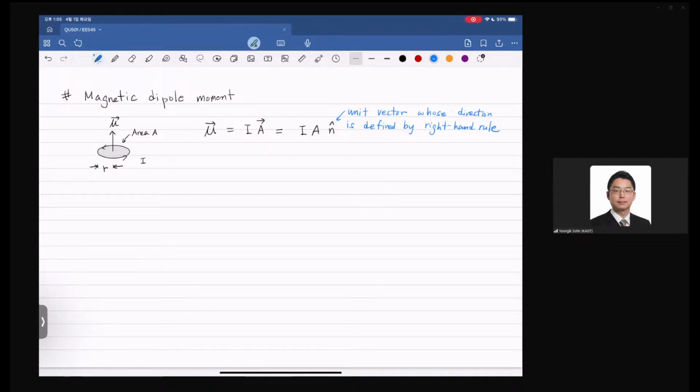All right, and then let's continue. What we're interested in is this current. Current, you can think of as some charged particle circling around. So for a charged particle, remember this: angular momentum is linearly proportional to magnetic dipole moment.